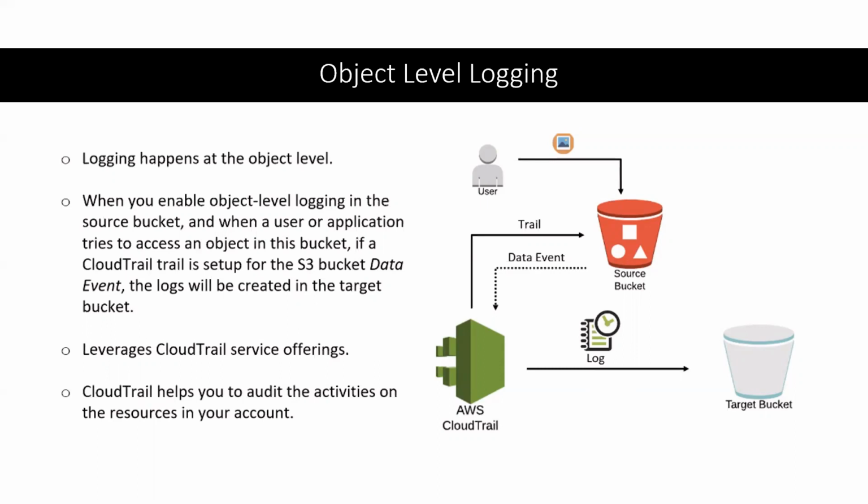Now, apart from that, for object level logging, when you create a trail, you have other kinds of events as well. Here you can specify more than one bucket for the same trail. You can do that from server access logging also, by pointing different sources to one target.